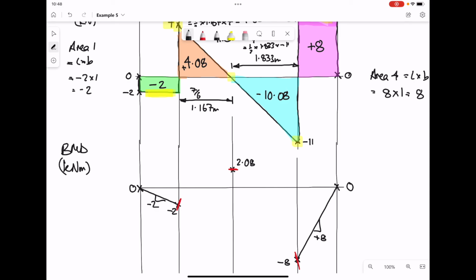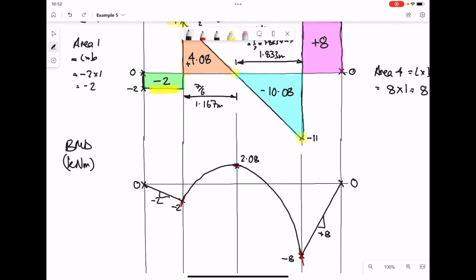Initially starting with a positive gradient, as we move along the curve it will maximise at the crossover point, and then after that we'll continue on downwards to match the final tangent as we finish the region where the UDL is. Our bend moment diagram is now complete.